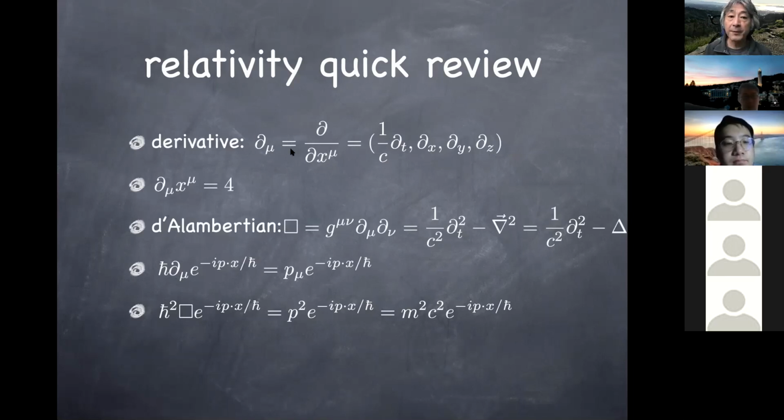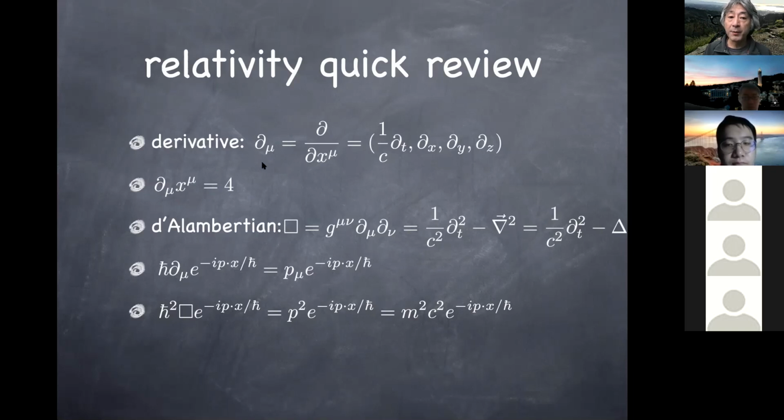And you can immediately verify this. If you take this derivative 4-vector with a lower index, acting on the x space-time 4-vector with the upper index, and sum over indices, you find the number 4. So t derivative of t is 1, x derivative of x is 1, y derivative of y is 1, z derivative of z is 1. They all add up to 4.